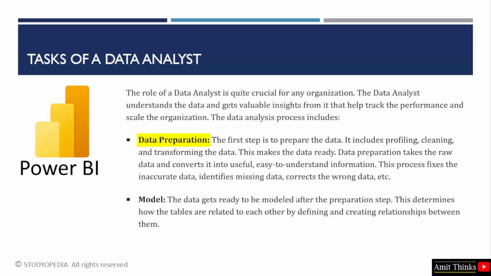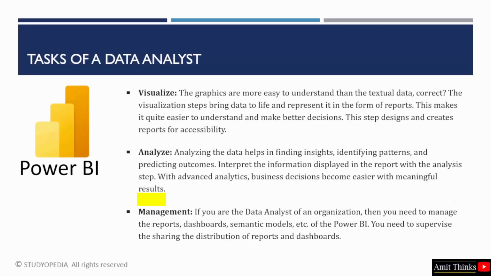That's it. Then the second step is model. So your data is now ready to get modeled after the first step, that is the data preparation step. Now this step determines how the tables are related to each other. This is done by creating relationships between them. Then comes visualize.